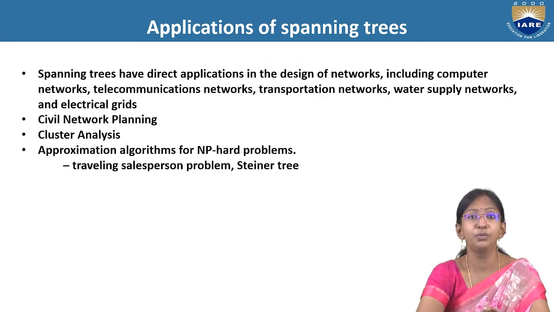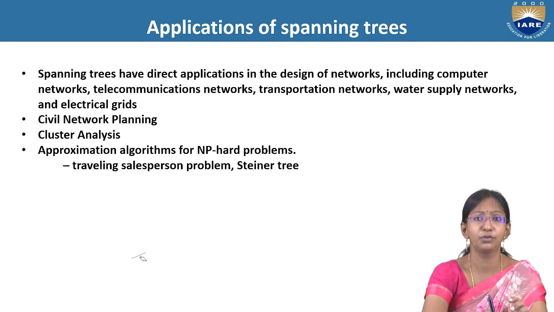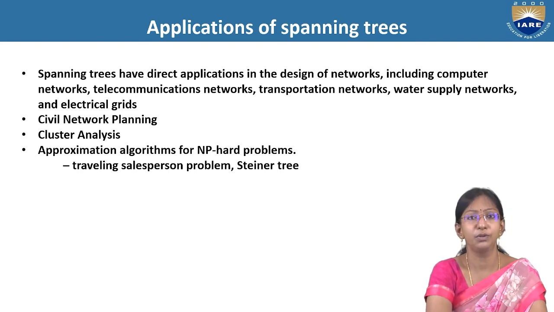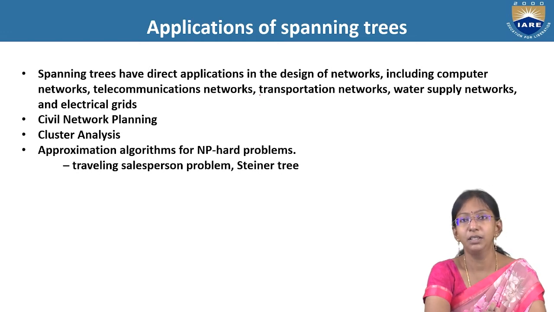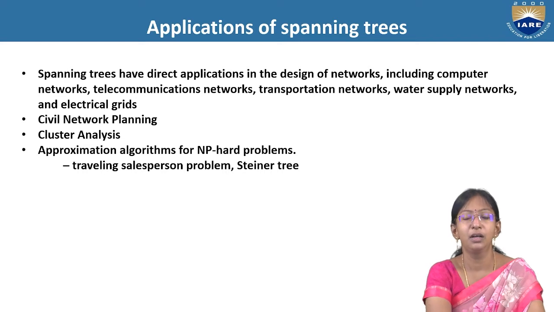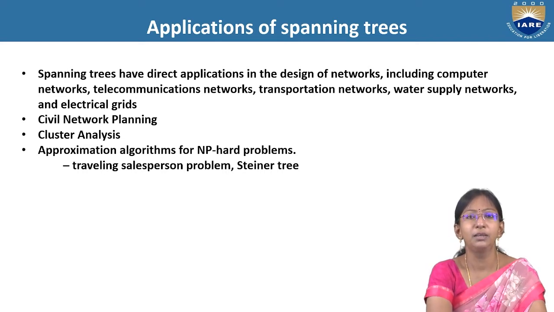Then where we use these spanning trees is another important question. Spanning trees are used wherever networks come into the picture. Whether it can be the computer science domain, civil domain, mechanical domain, whatever the domain you take, wherever there is a point of connectivity, like telecommunication networks, whether wired or wireless, whatever.